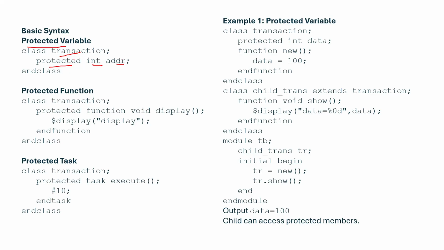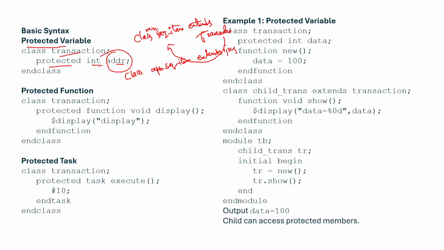Suppose you are taking another class, class sequence item, or APB sequence item, extends transaction. In this class also you are utilizing this address.